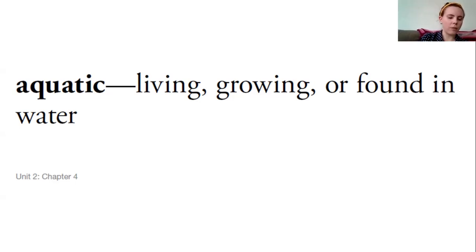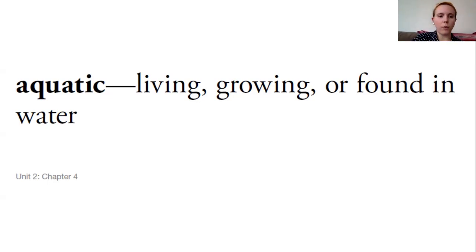And let's see, I'm just going to draw some little water, maybe some fish, some other things that are aquatic to help me put a picture of that in my mind to remember. So we've got a column for the words, a column for the definitions, and a column for the picture, just like this. If you need to pause to catch up, feel free.